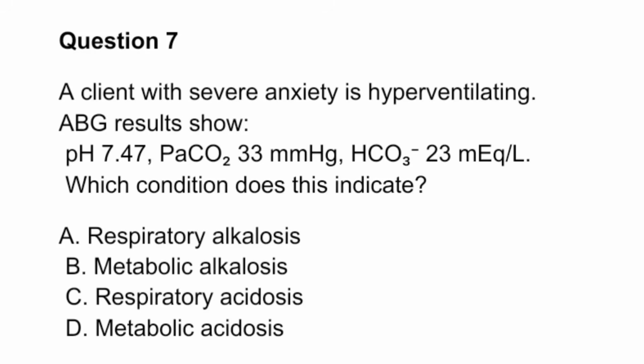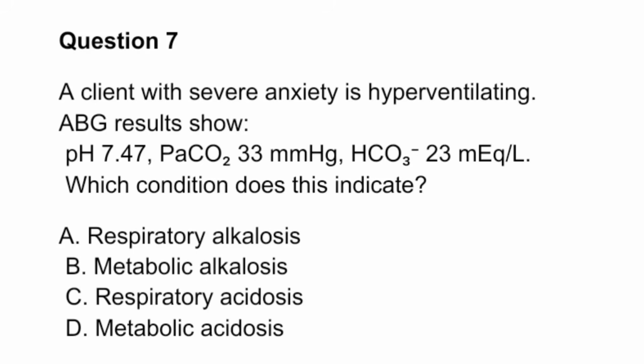Question 7. A client with severe anxiety is hyperventilating. ABG results show pH 7.47, PaCO2 33 mmHg, HCO3- 23 mEq/L. Which condition does this indicate? A. Respiratory alkalosis. B. Metabolic alkalosis.